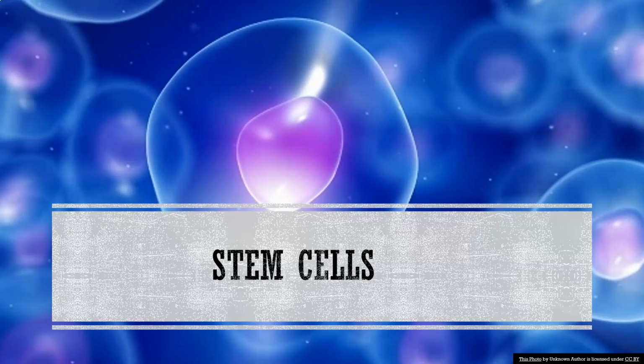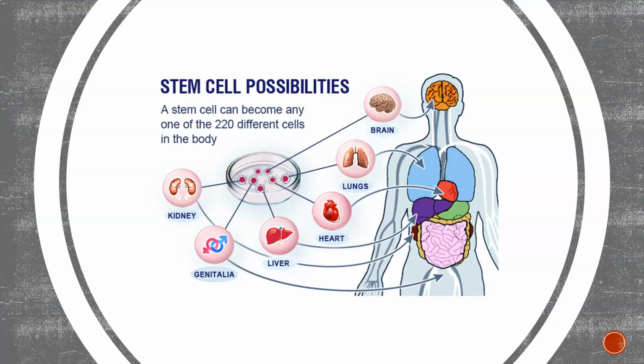So now let's focus a bit more on this concept of the stem cells. Okay, a stem cell can become any one of the 220 different cells in the human body. And just bearing in mind, you get stem cells in all organisms, or most organisms, but we're specifically looking at the human body.